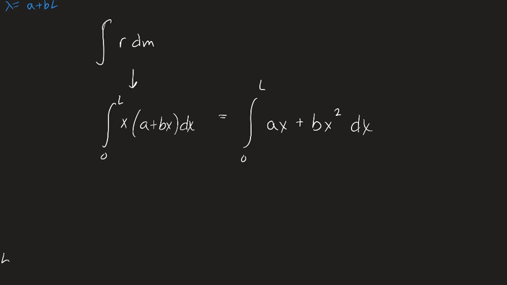So I'm going to start again by doing the antiderivative. I'm going to drop the a, add 1 to the exponent, x squared, and divide by the new exponent, 2. I don't want to write the 1 plus 1 this time. Can I just add the 1 in my head? Is that okay? Plus, drop the b, add 1 to my exponent. It's now cubed, divide by 3. And then I'm evaluating this from 0 to L.